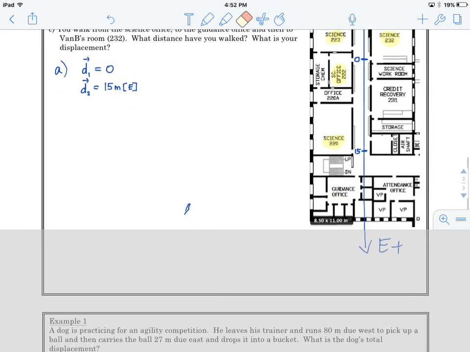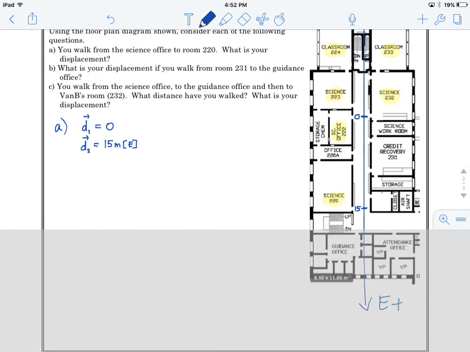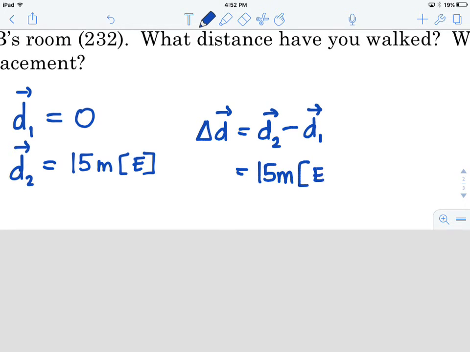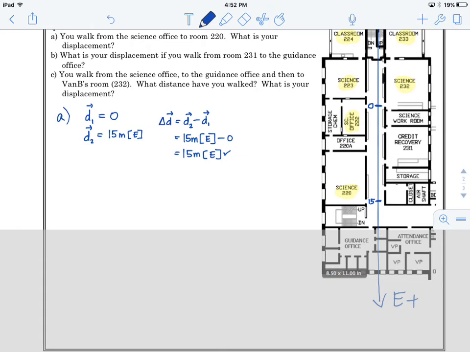So the question then says, hey, wait a second, what is the change? What's your displacement? So what's the change in this position? So we say, okay, delta D, which is our symbol for displacement, is equal to D2 minus D1, and we get 15 meters east minus 0. And so we can say, well, our displacement was 15 meters east. Okay? And that's kind of how we do these.